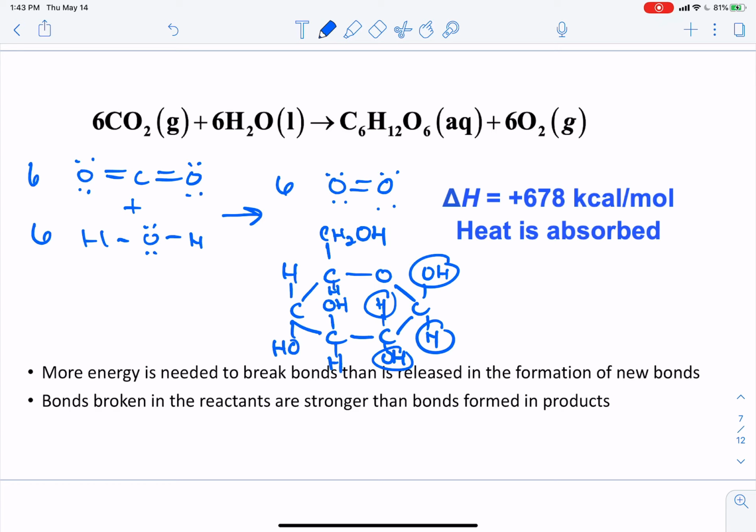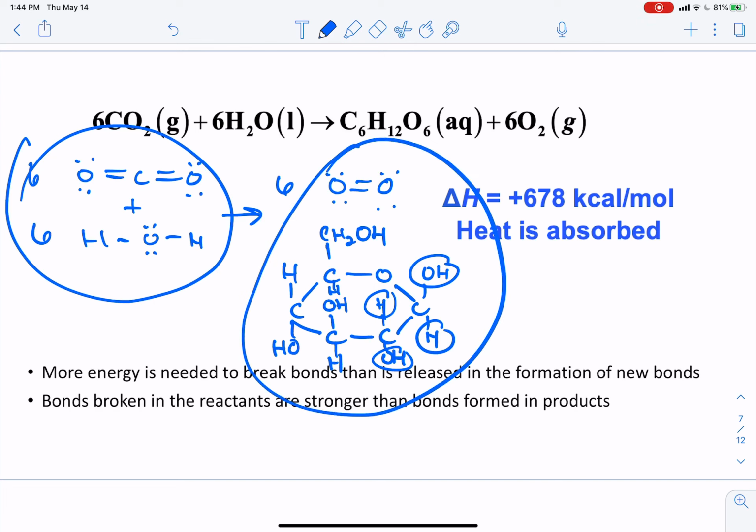Okay, so breaking all of these bonds right here, it's going to take up a lot of energy. And then we're going to make all of these bonds over here. And when we make those bonds, we're going to release energy, but we're not going to release as much as what we had to put into the system to break all of these bonds right here.